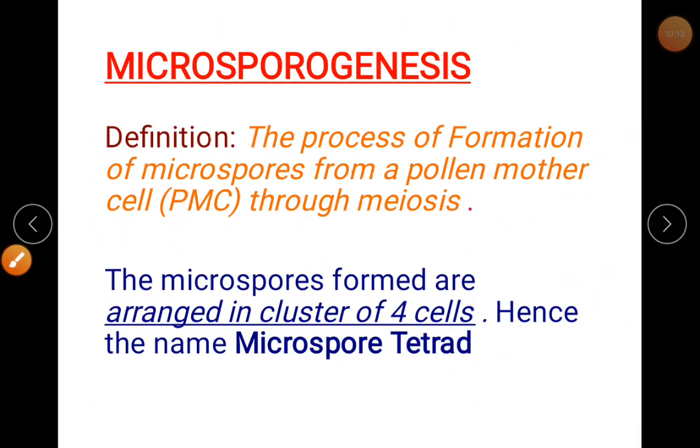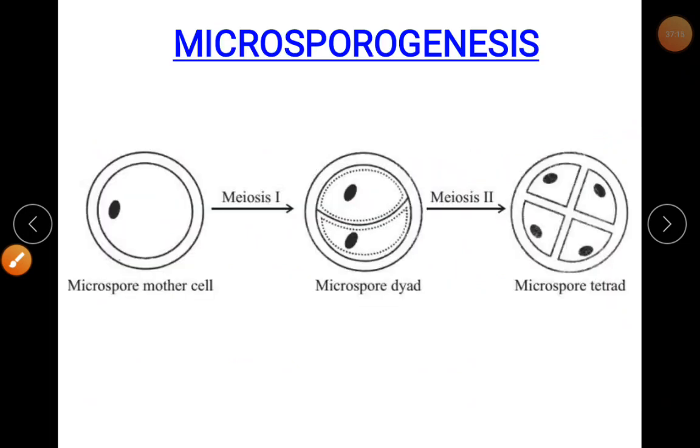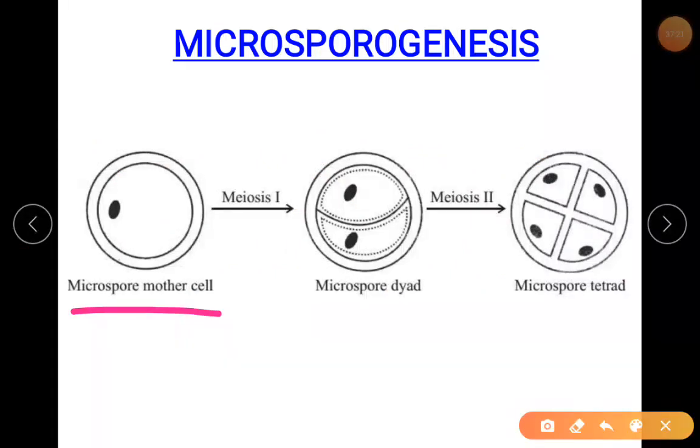I said meiosis. Just coming to this particular picture first. Observe this microspore mother cell, or you can say the sporogenous tissue having the homogeneous cells. That particular cell undergoes meiosis 1, meiosis 2.